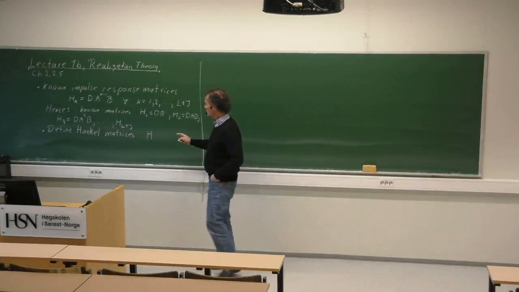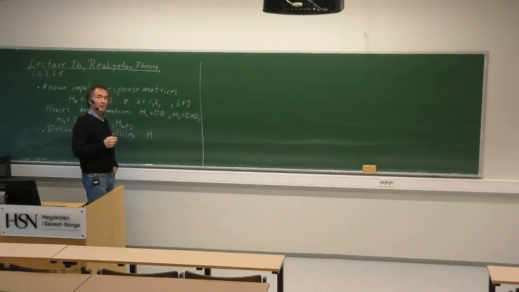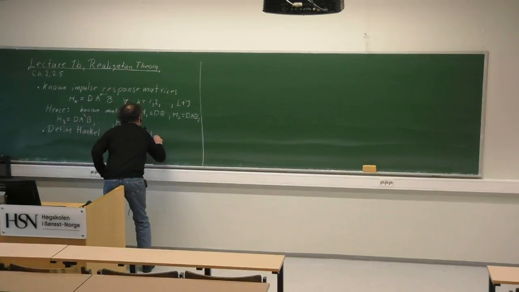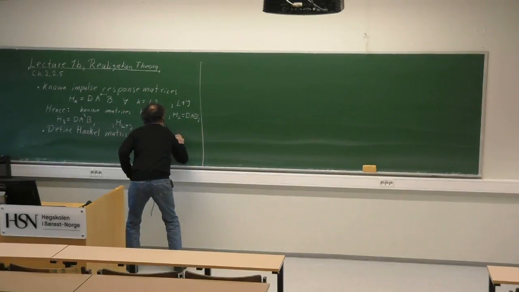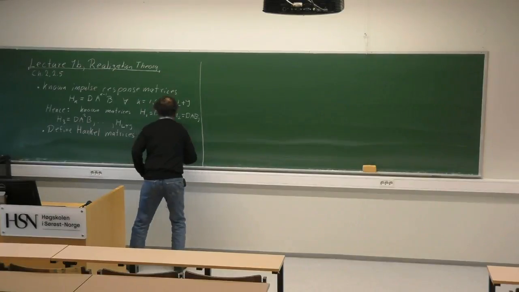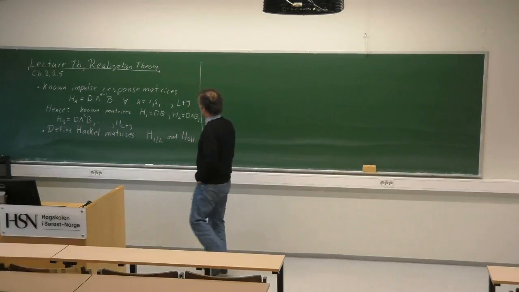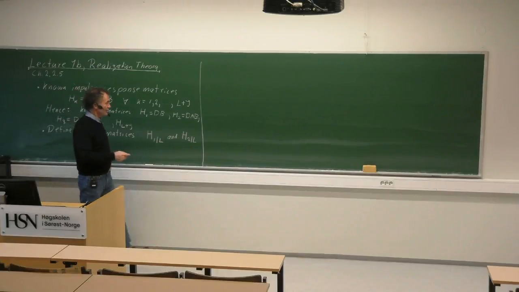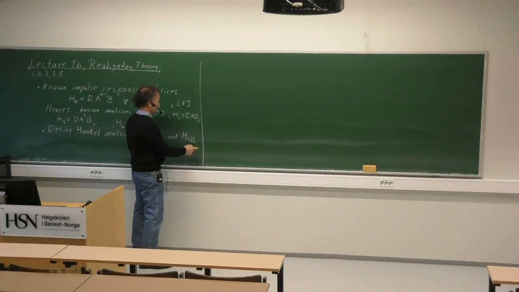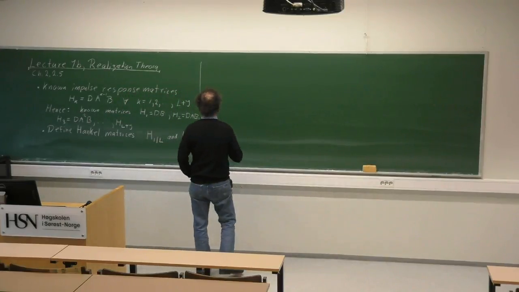I'm using a boldface symbol for the Hankel matrix, and I am using a special notation, H_1 given L, and a second Hankel matrix, boldface H_2 given L. I will define those two Hankel matrices, and then the notation will also be clear.